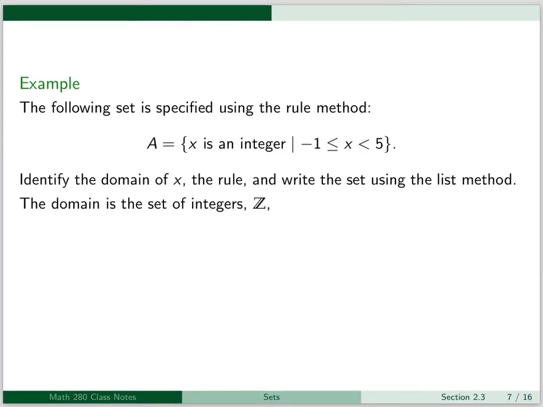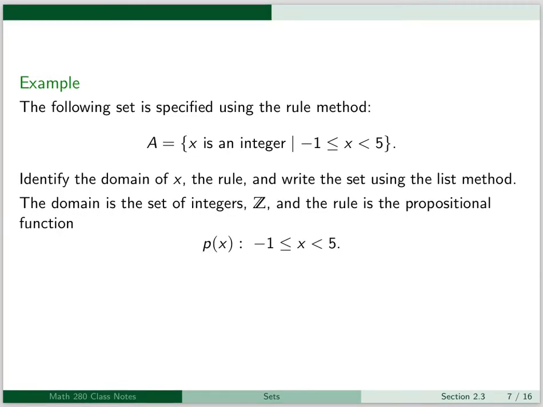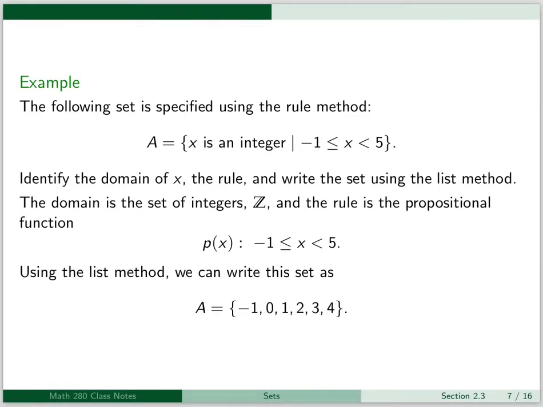The domain in this example is the set of integers Z, and the rule is the propositional function -1 ≤ x < 5, which we can denote by P(x). Using the list method, we can write this set as A equals {-1, 0, 1, 2, 3, 4}. These are the integers between -1 and 5, including -1 but not 5.